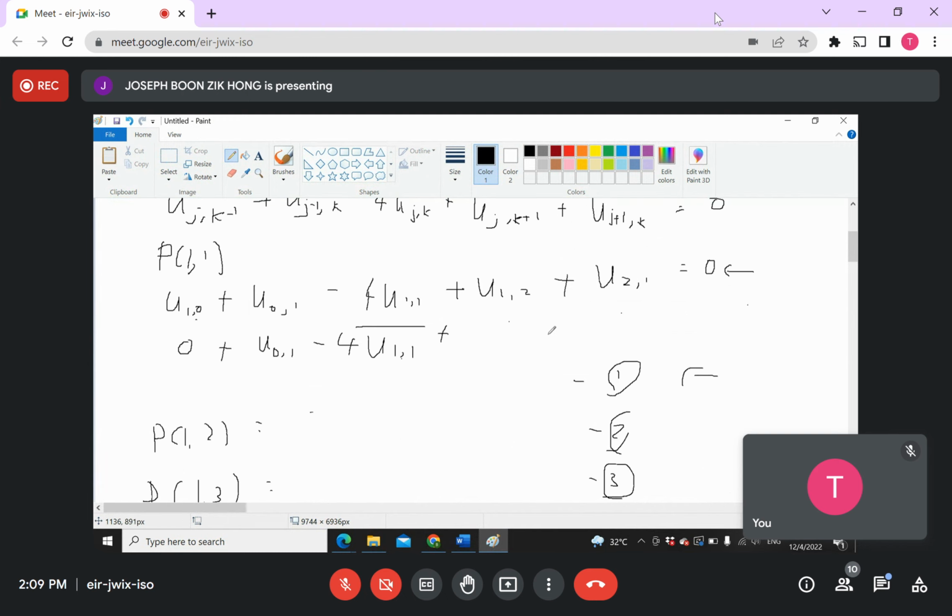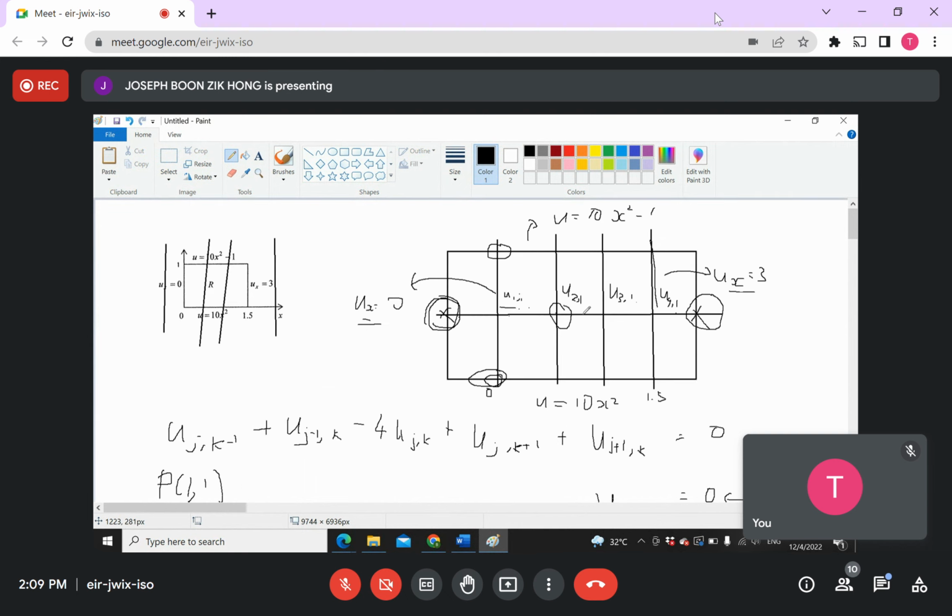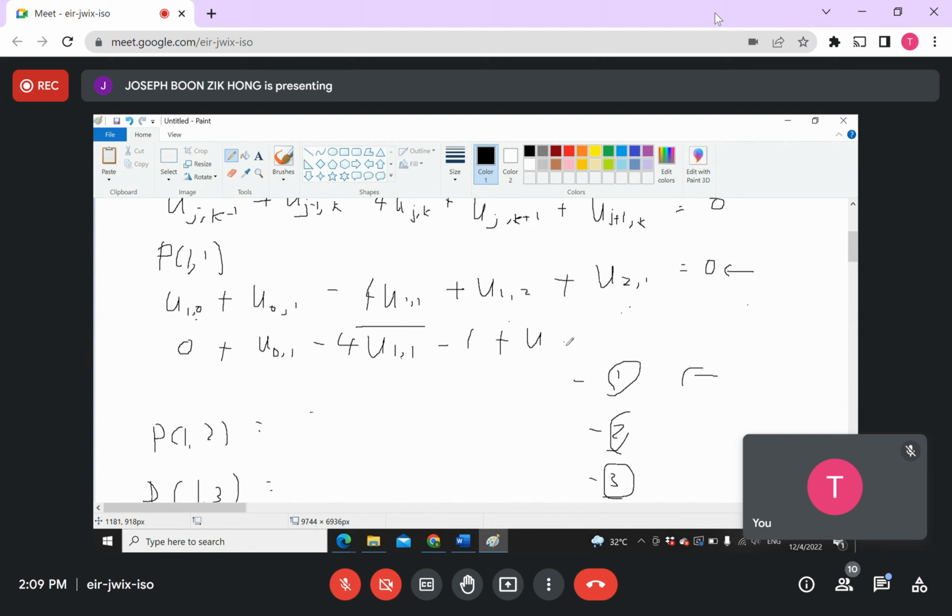So it will be -1. Equal to 0. Am I correct? Not yet. And then plus my U21. U21 is here, I don't know. So I put U21 equal to 0. So I simplify it. I will have U01 minus 4U11 and then plus U21 equal to 1.